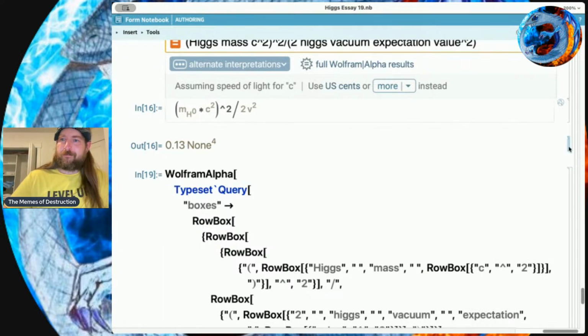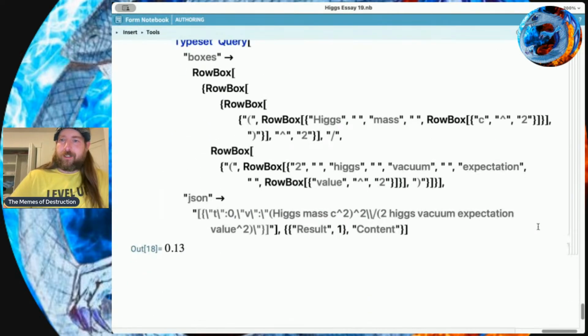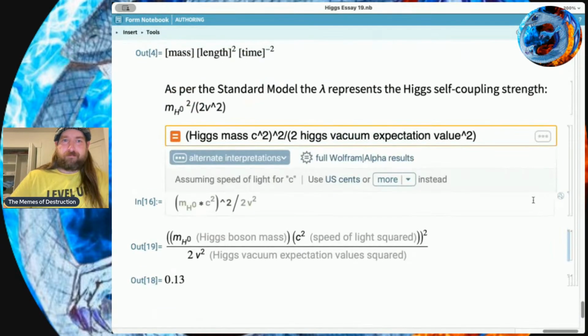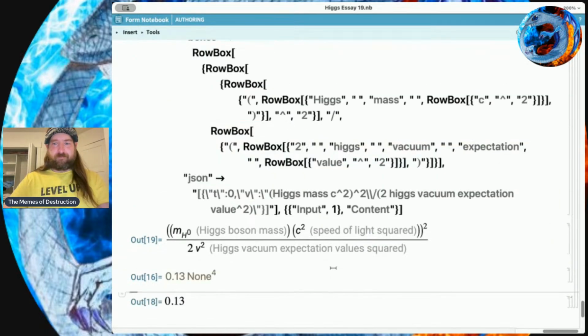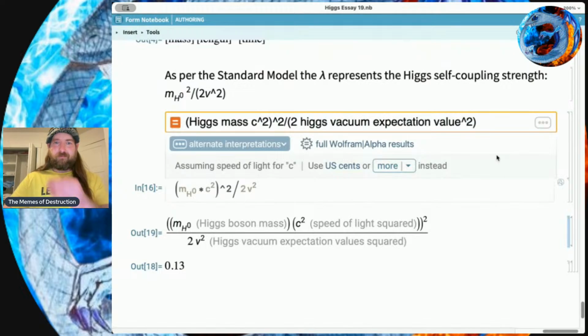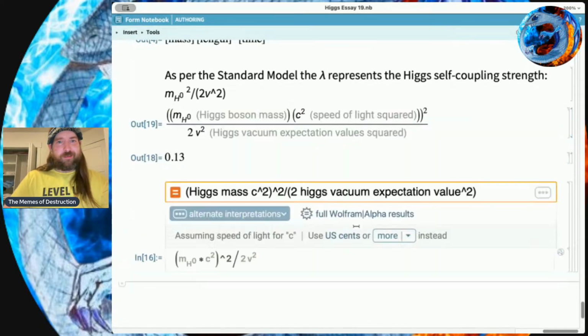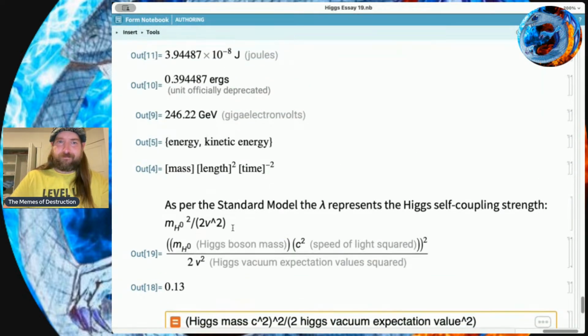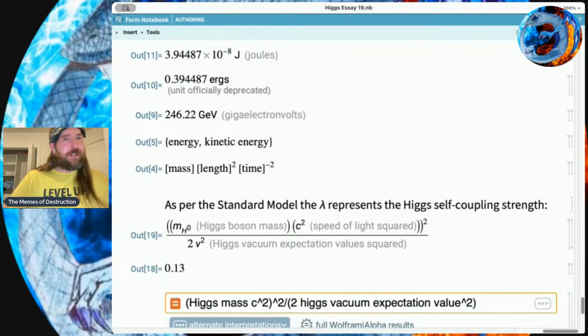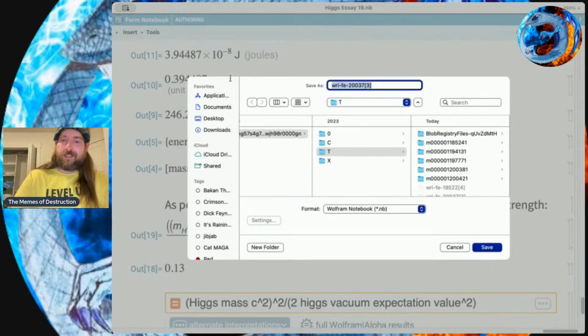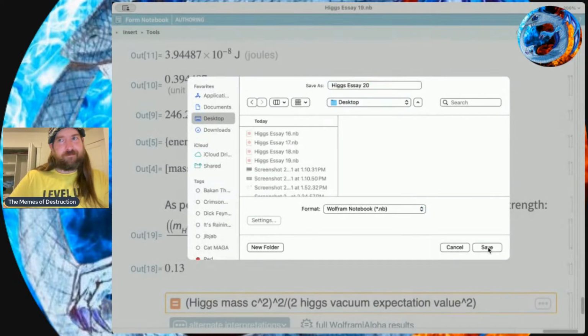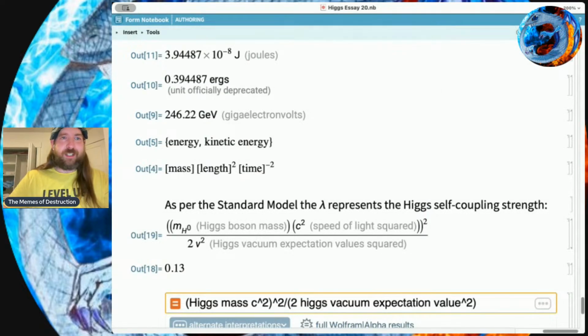Yeah, yeah. Progress. Higgs. All right. It's the cloud.